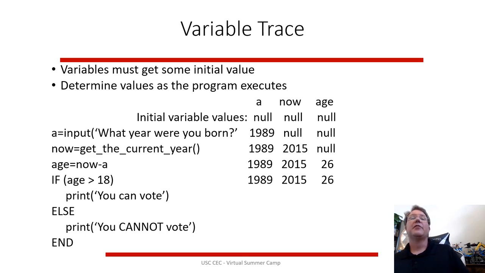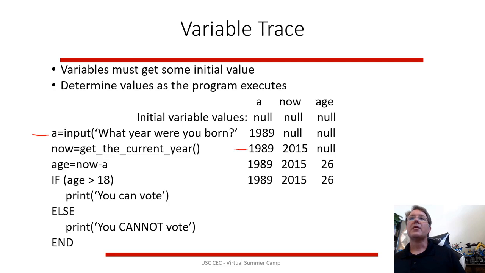In this case, you go through each step in the program and you trace the variable value. So at this point, the variable A may have the year that you were born, and the other variables don't have a value. The next thing that happens, you get the current year, and after that executes, this variable may be 2015. This is old slides.